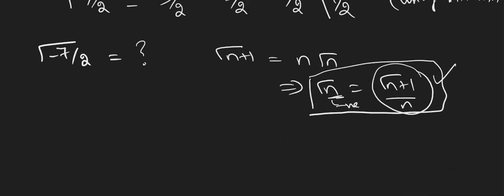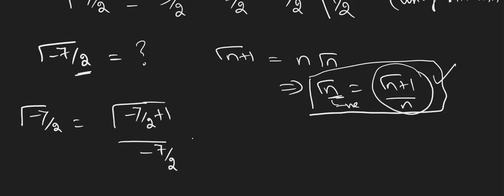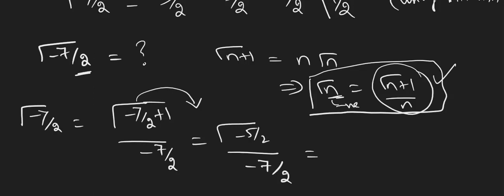So in the place of n, what do I have? Minus 7 by 2. So gamma of minus 7 by 2 is gamma of minus 7 by 2 plus 1 by minus 7 by 2. Now it is reducing, you can see. Minus 7 by 2 plus 1 is nothing but gamma of minus 5 by 2. So let the minus 7 by 2 be there in the denominator. Again you are going to use this formula.